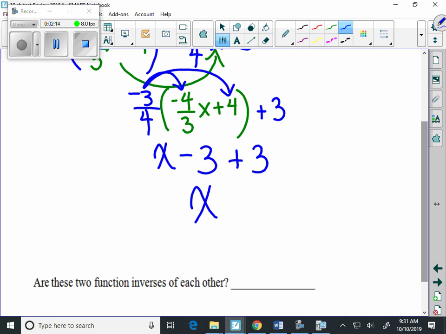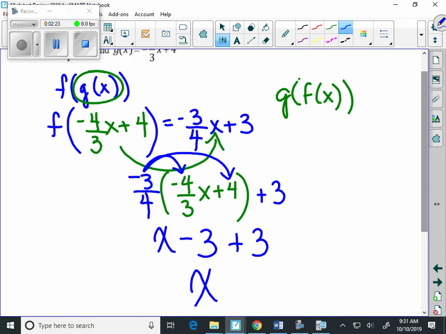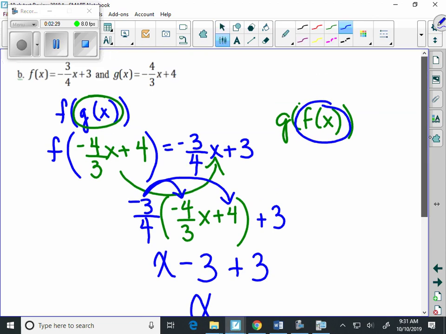So far so good. We want f of g of x to equal g of f of x and equal x. We have to go through that process again. And this time we're going to fill in f of x. So looking back at our problem, our f of x is negative 3/4 x plus 3.